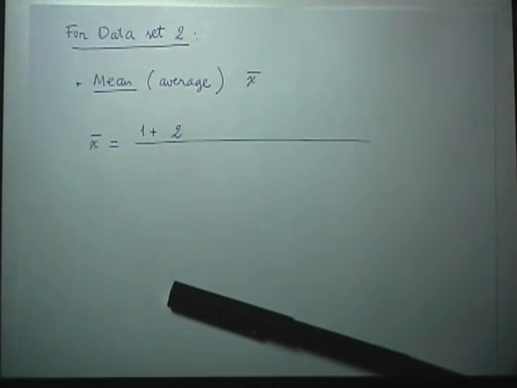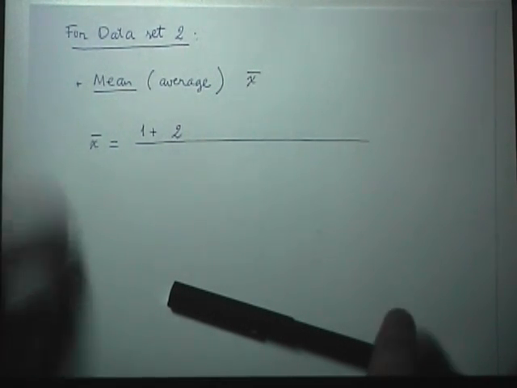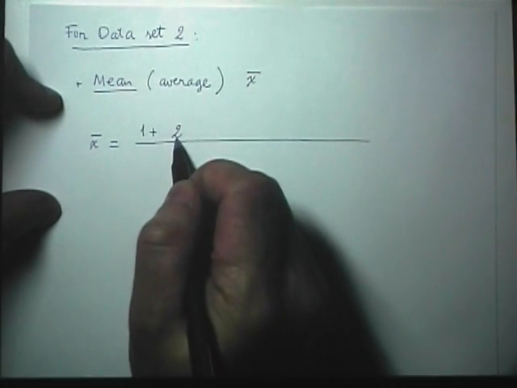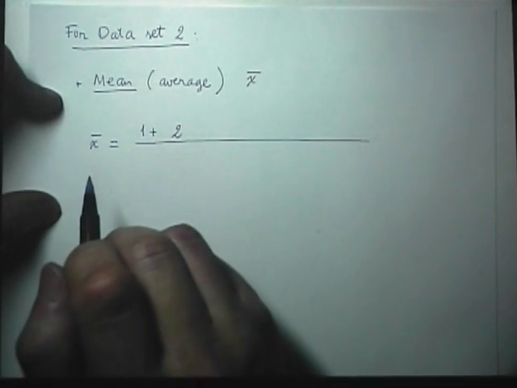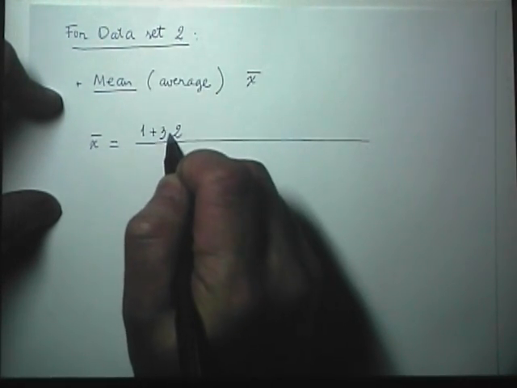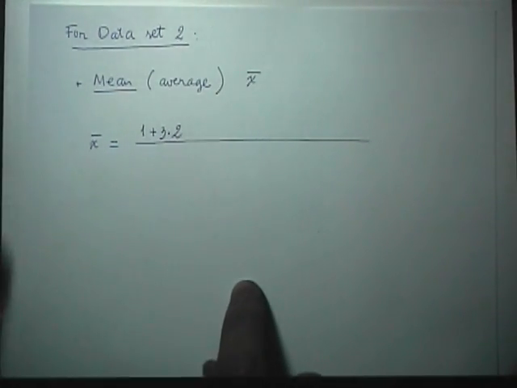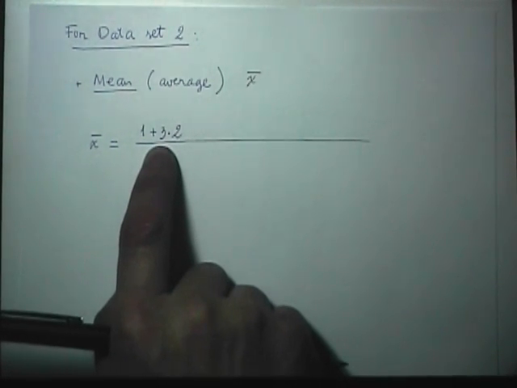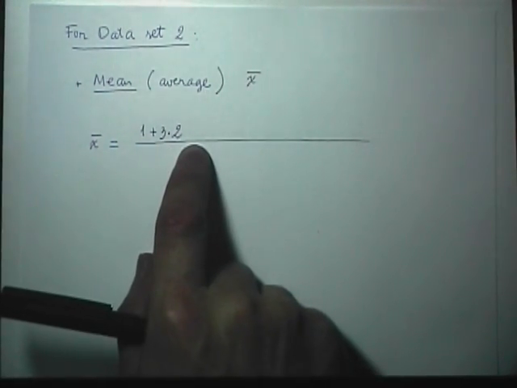And besides, in statistics you can encounter large data sets sometimes. So why don't we just add with 2 here, but since in our problem there are three 2's, I'm going to multiply 3 with 2, which indicates that there are three 2's in my data set.